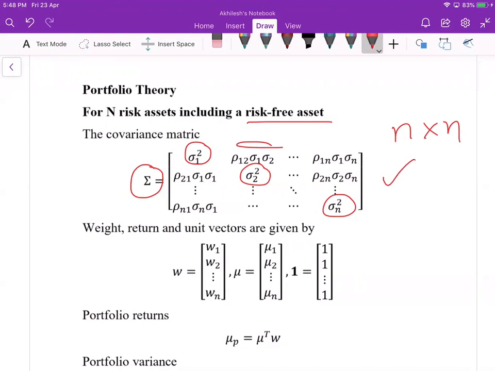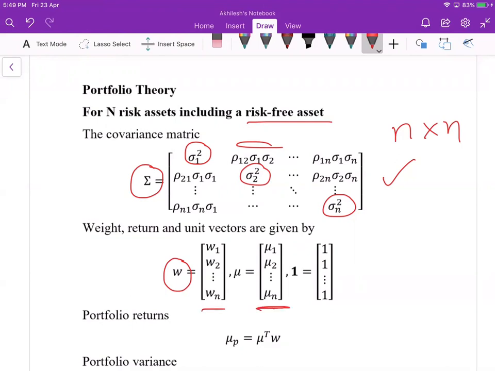Furthermore, the weight of each asset is a vector. This is the weight of n risky assets, and this is the return of n risky assets.